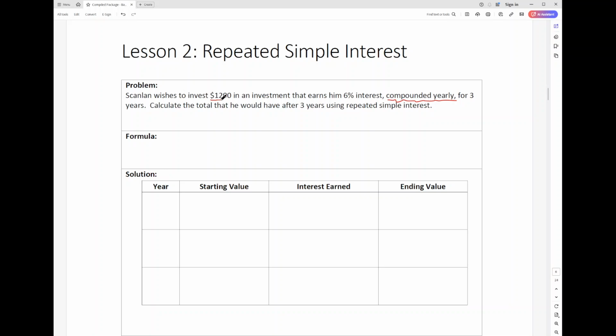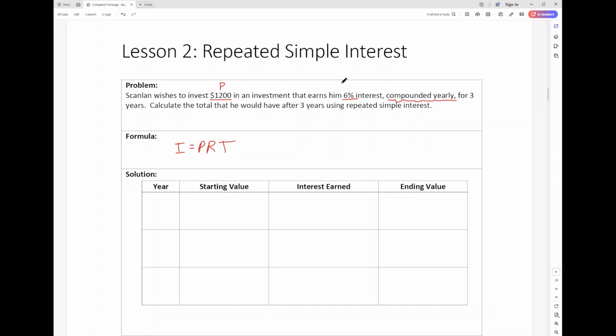So $1,200 is the amount that they're investing, which means that is our P of our formula. I is equal to P R T. Sorry for the writing. It's hard to write with a mouse. So I've got my $1,200. I have my rate right here, 6% interest.